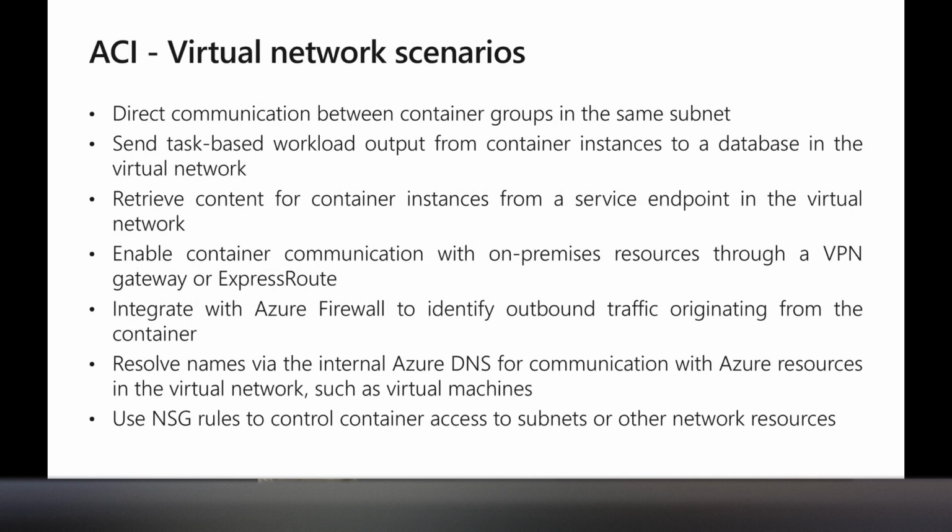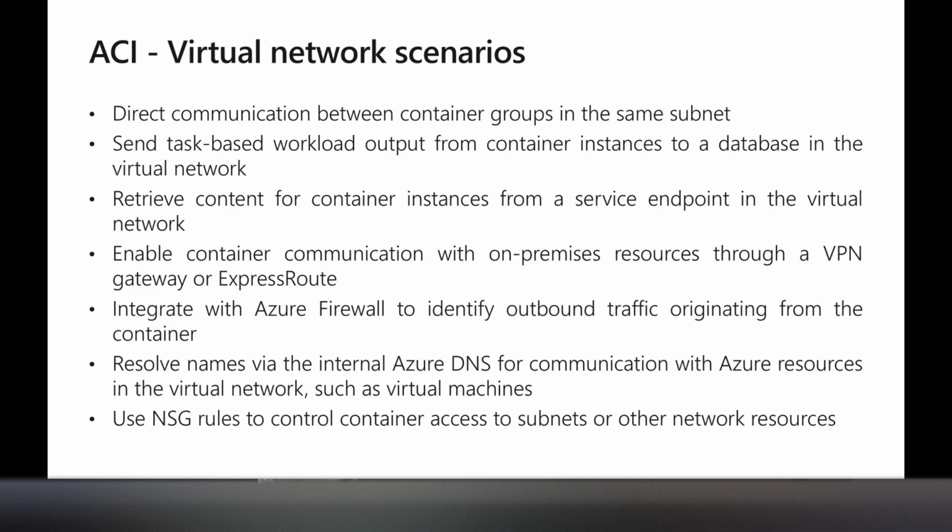So let's continue on. One of the big enhancements that is constantly being improved is the integration with virtual networks. When ACI, Azure Container Instance, came out, you could not deploy them in a VNet.